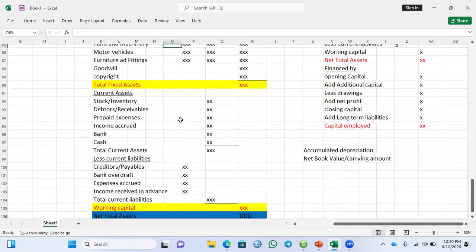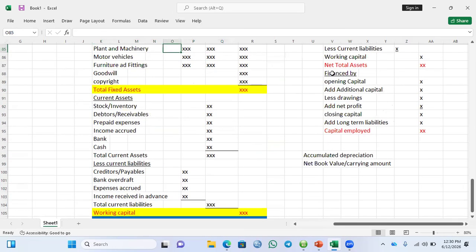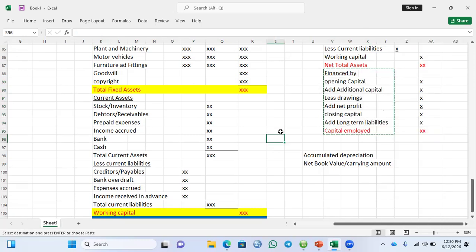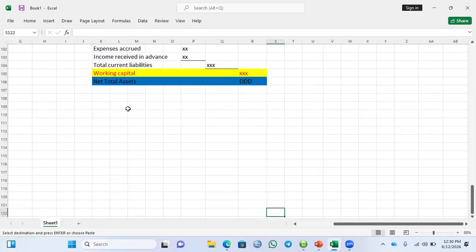Okay, then you are left with the final bit, which is the financed by. As for the financed by, technically it is what it is as it is shown in the skeleton.